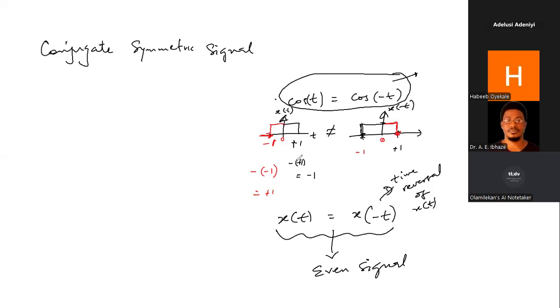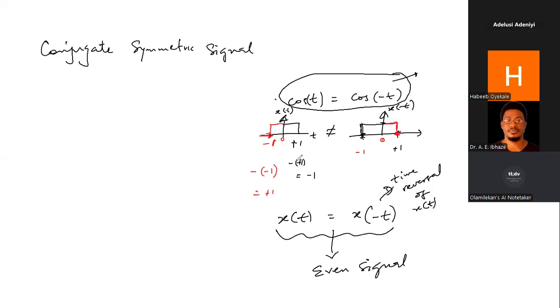Is that okay, please, Adelusi? Are we good? Yes, sir. But sir, let me just ask. You said that because this is not the amplitude reversal signal, we're not flipping the amplitude, right?